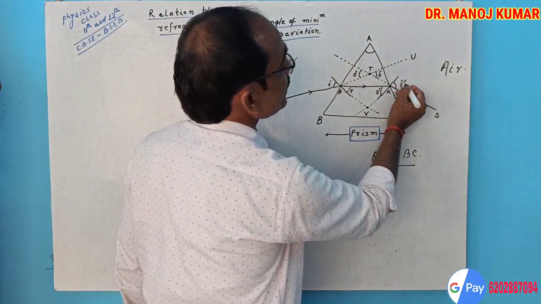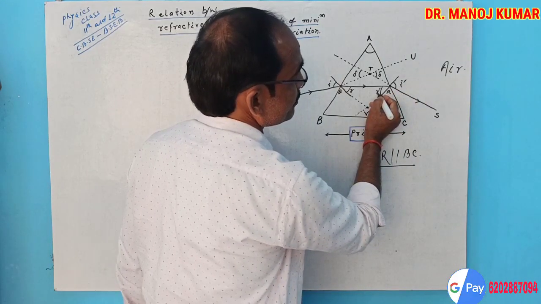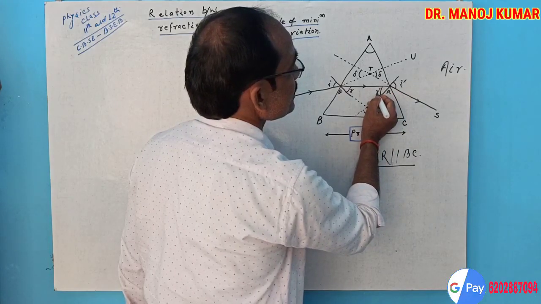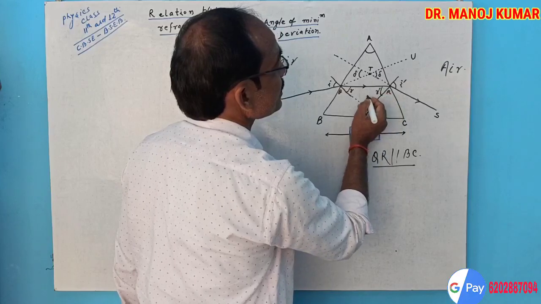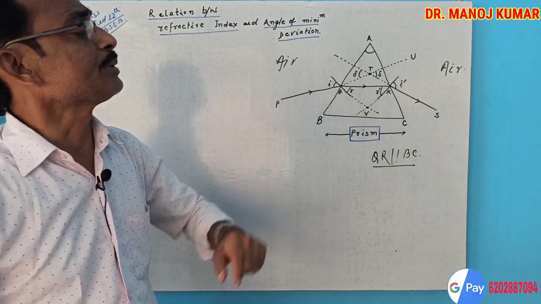Therefore here I dash is greater than R dash. Here R dash acts as an incident ray from the denser to the rarer medium.